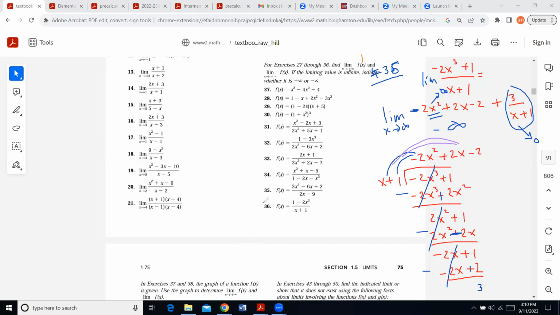So I'll try now the one that I skipped here, and that'd be 35. I guess I'll do it here, so it needs some room. So here we have to take a limit of a fraction with 3x squared minus 6x plus 2 divided by 2x minus 9.